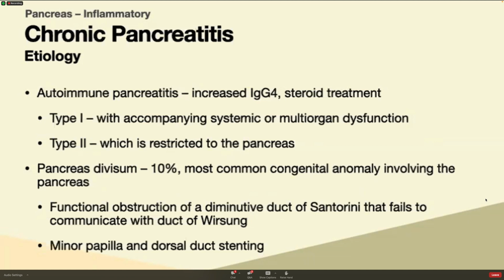Also mentioned earlier is the pancreas divisum, which occurs in 10%. There is a functional obstruction since the duct of Santorini is small compared to the duct of Wirsung. One option for this is to do stenting, sphincteroplasty and stenting of the minor papilla.